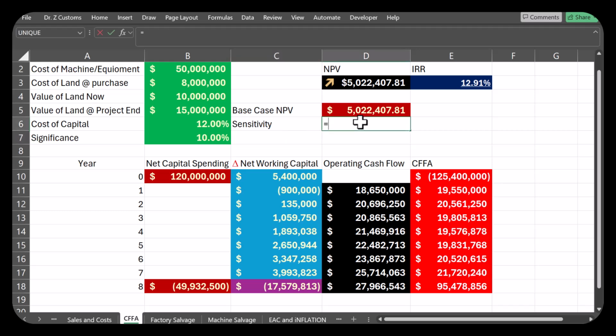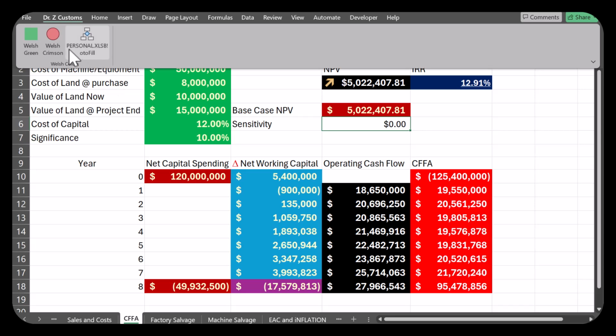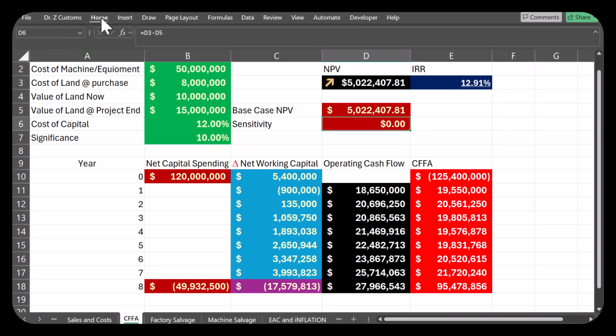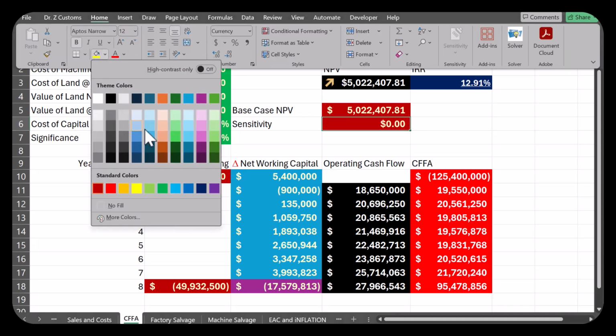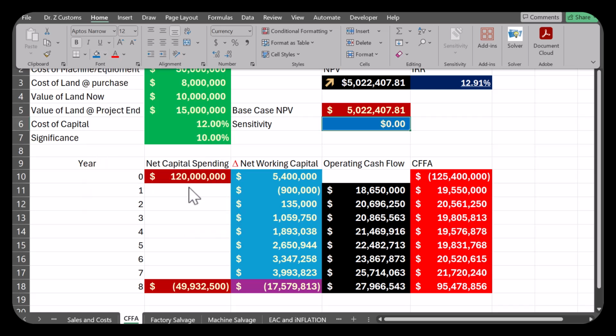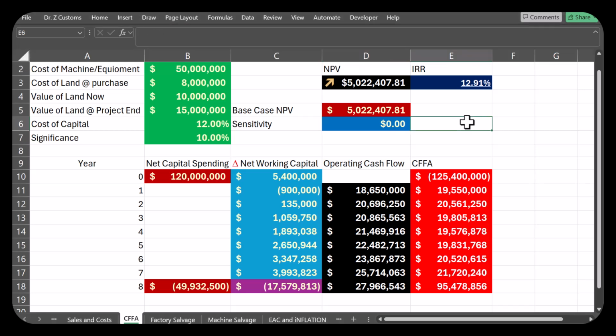And I'm going to measure sensitivity as NPV minus the base case. Let's make this a different color. Maybe something like that. Okay. Obviously, as of now, it's zero.